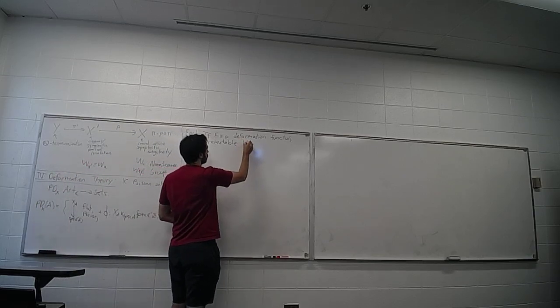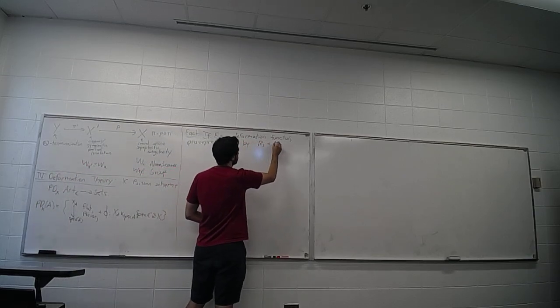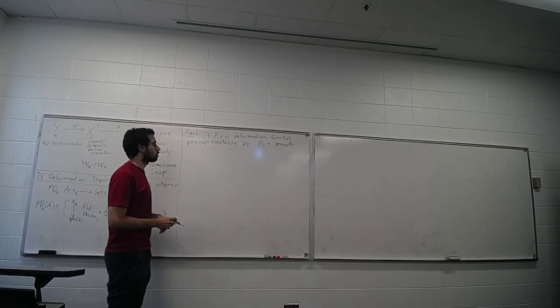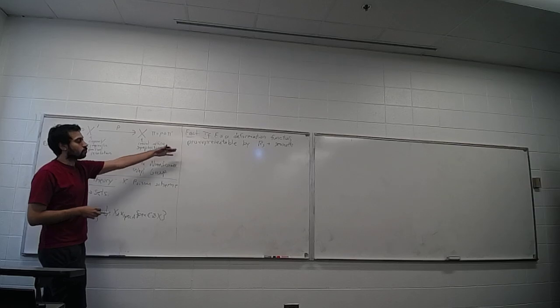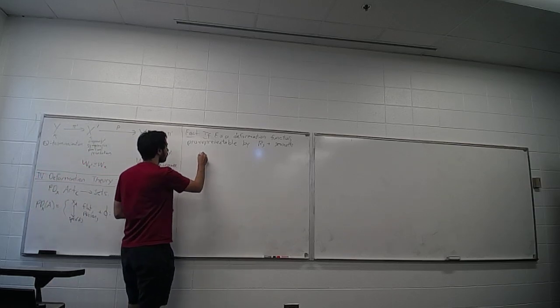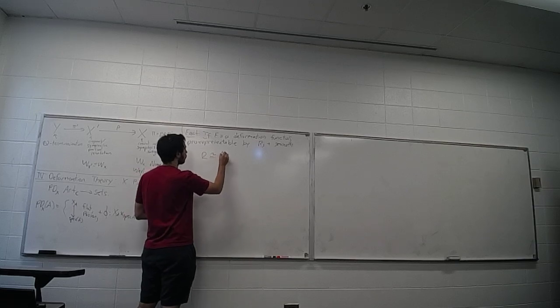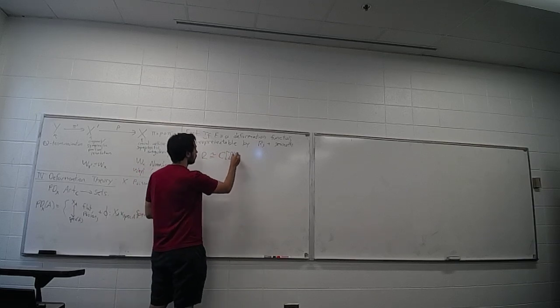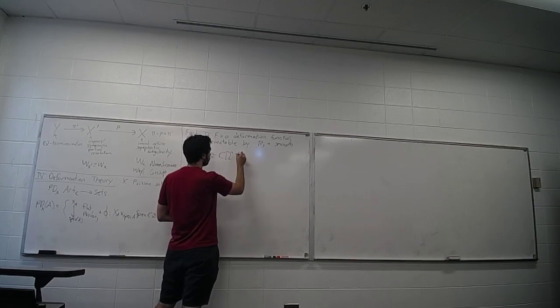So it's pro-representable by R, and smooth. Smooth means that you can always extend deformations, but it works out to just be a condition on R now. It's going to turn out that R is always just isomorphic to a formal ring of polynomials on the tangent space: you take the tangent space and then you take the formal neighborhood of zero.